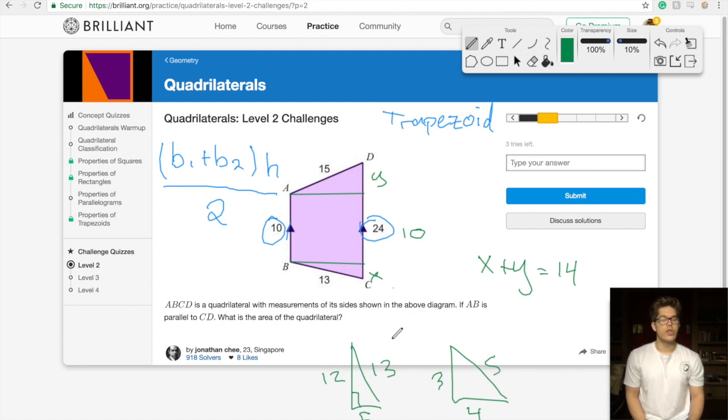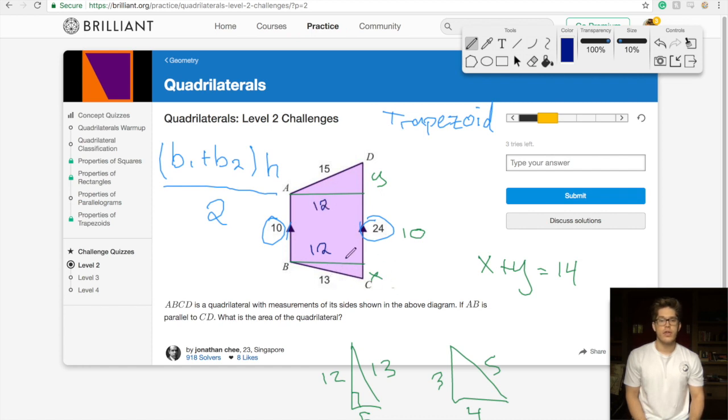These Pythagorean triples are must-knows because they make solving problems so much faster and easier. And so right here, I see this is 13, and so I'm going to assume, I don't know this for a fact, and I might be proved wrong and have to go back and solve it, but my first instinct is to say that our height is 12. And then let's see if this will make sense.